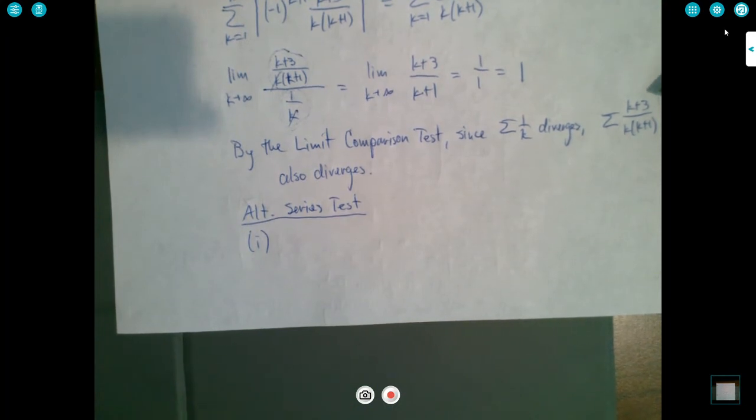One thing you could do would be to look at a difference of consecutive terms. We talked about this earlier on in the chapter, like 9.1 or 9.2, something like that. So we could look at the difference of consecutive terms, or we could look at the ratio of consecutive terms, or we could look at the limit as k goes to infinity, which we're going to do for condition 2 anyway.